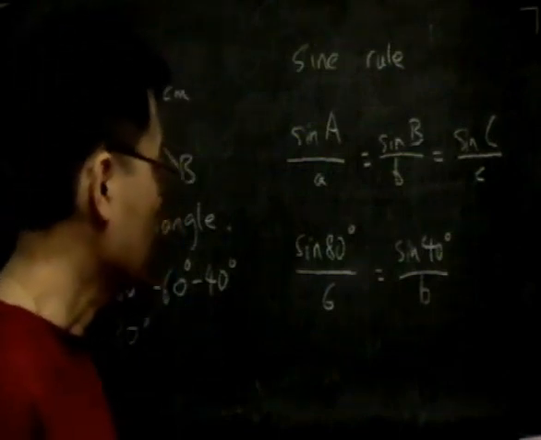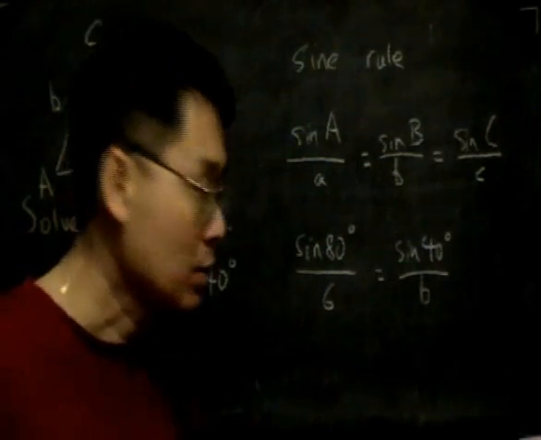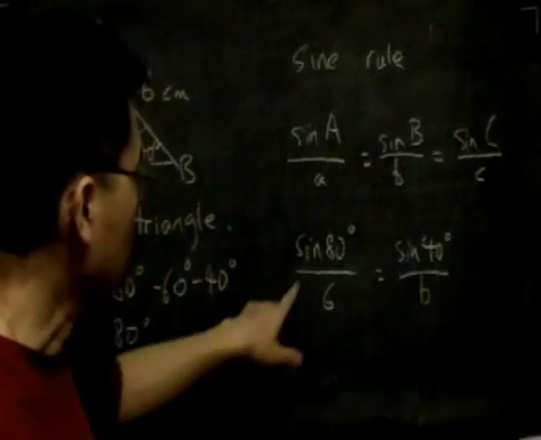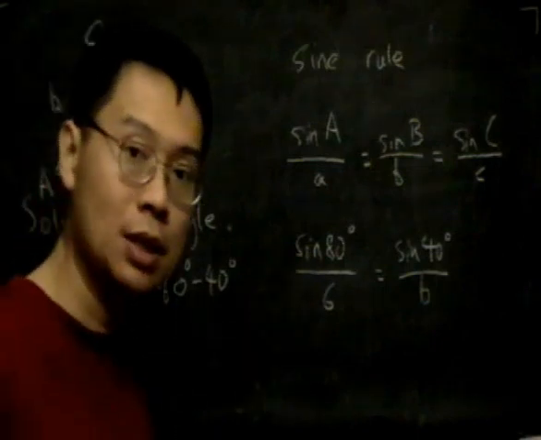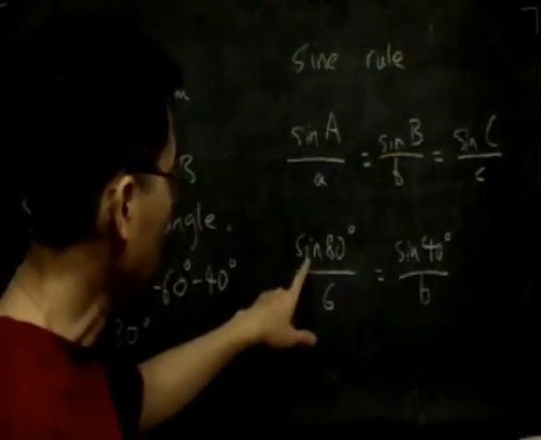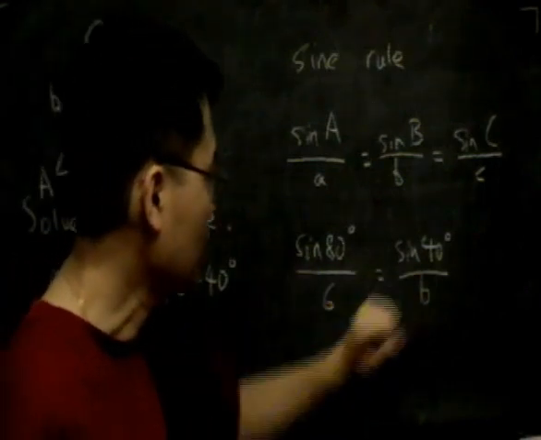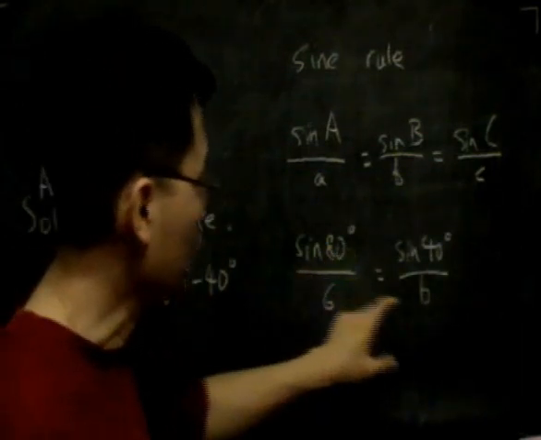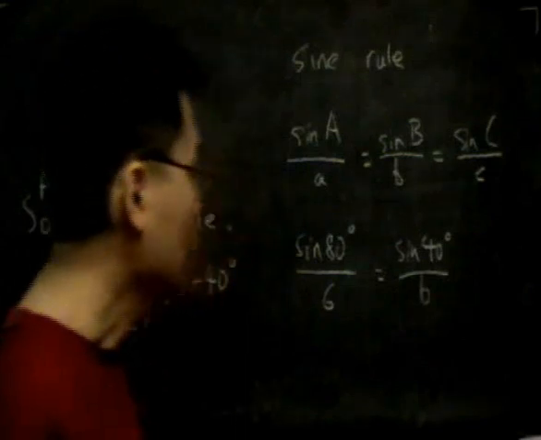Now there are two ways we can work this out. One way is to take out your calculator, calculate the values of sine 80 and sine 40 degrees, write them down, and then do the algebra to find b.